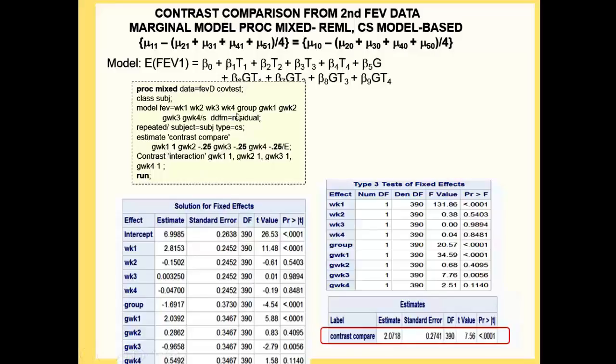And this is the coefficient of beta 7, beta 8, and beta 9. So it's beta 6 minus the sum of beta 7 plus 8 plus 9 over 4. Well, what's that testing?